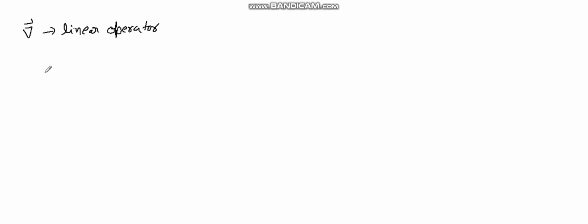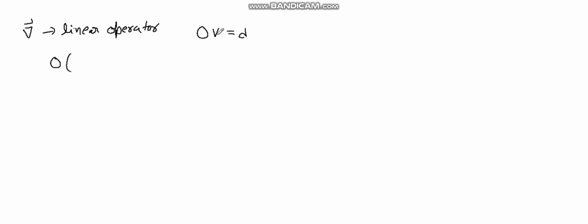So what is a linear operator? Suppose we have an operator O. If it is linear, that means if this O operator acts on a function, let's say V, it gives some other function, let's say D. So what does a linear operator mean?